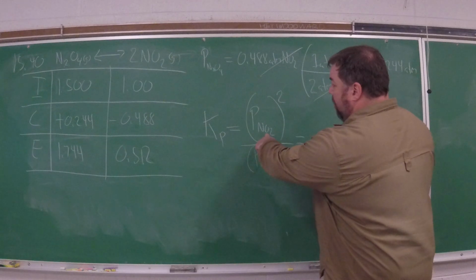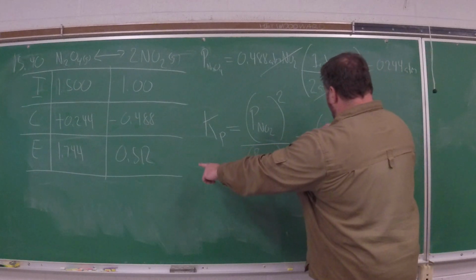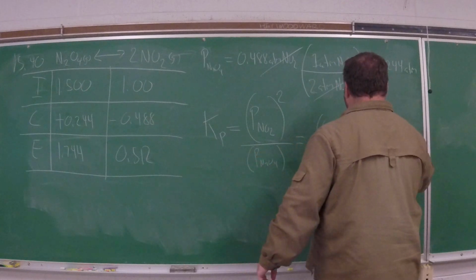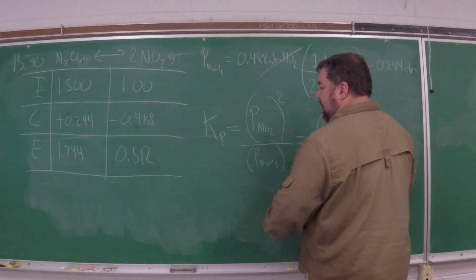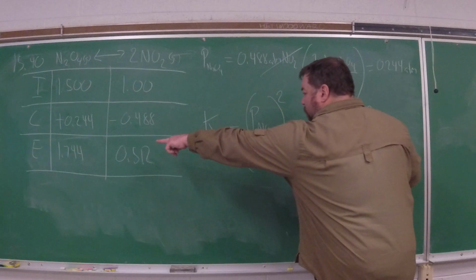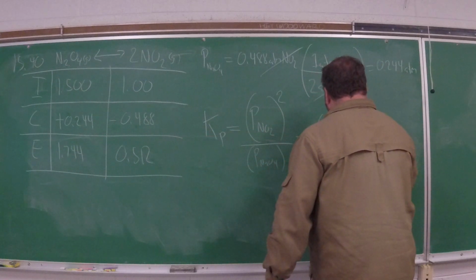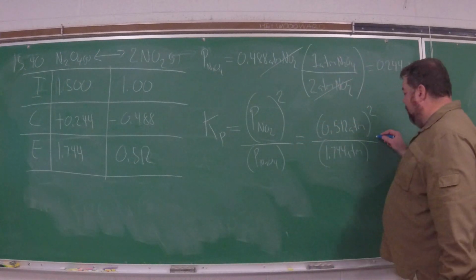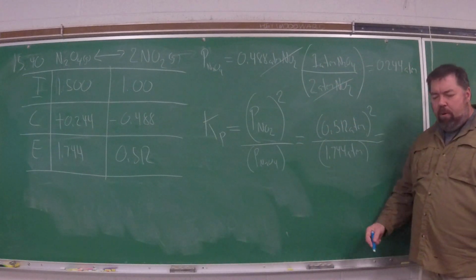So I'm going to have here partial pressure of NO2, 0.512 atmospheres squared, divided by the partial pressure of N2O4, the equilibrium, 1.744 atmospheres. Remember, you don't have units, just leave the atmospheres out.